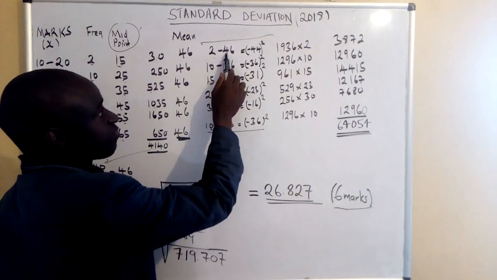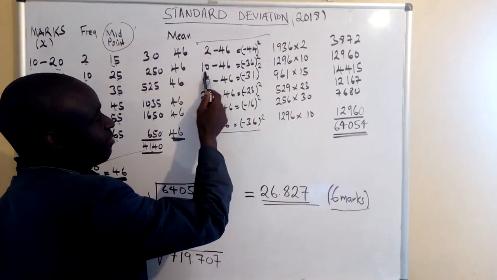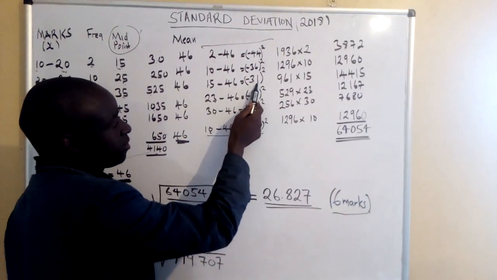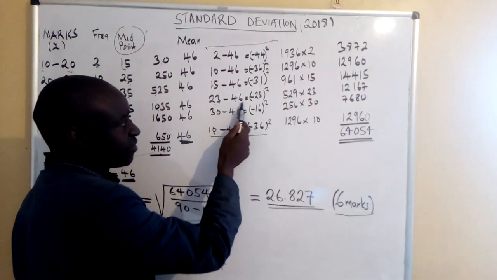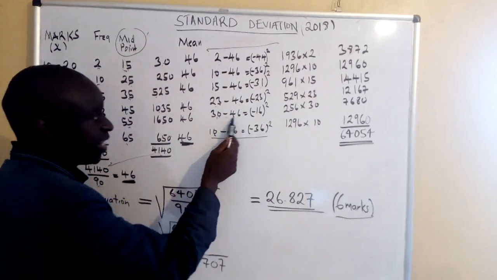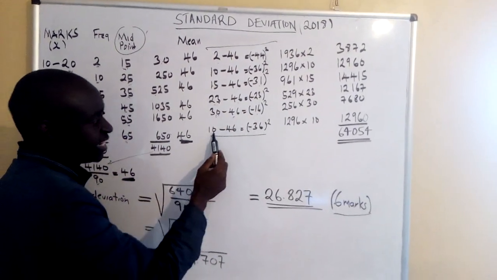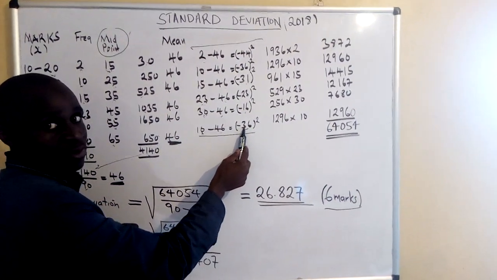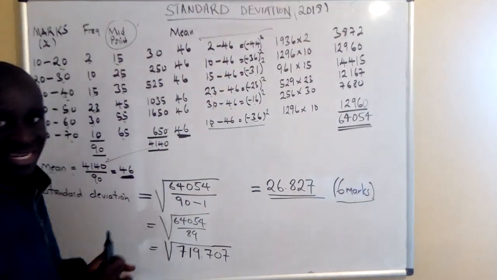So 2 minus 46 is about negative 44, 10 minus 46 is about negative 36, 15 minus 46 is about negative 31, 23 minus 46 is about negative 23, 30 minus 46 is about negative 16, 10 minus 46 is about negative 36. So we discovered that all the numbers there are negatives.